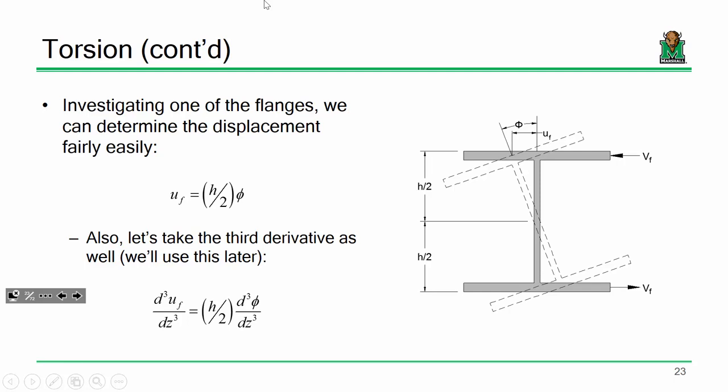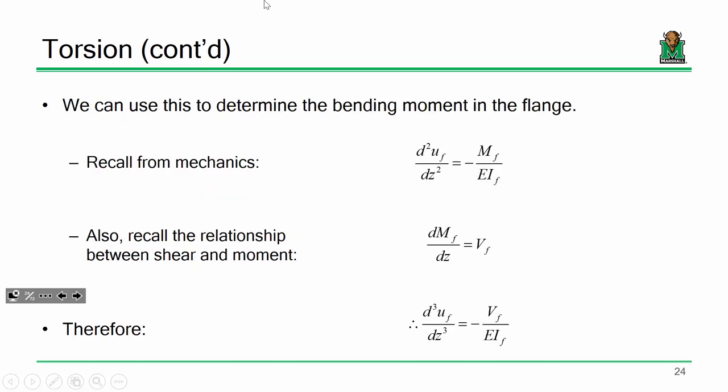Now, just because I like taking derivatives, we're going to take the third derivative of that. Seems reasonable enough, right? I'm sure you're wondering what the heck's going on here. You'll see here in a second. All right? So if I take the third derivative of this, I'm treating my angle of rotation as a variable. Everything else is a constant, so that factors out. Everybody okay? Here's why I'm doing that.